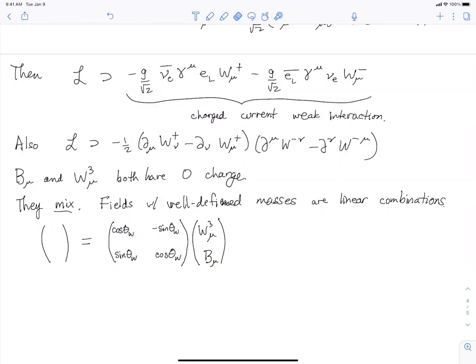And the result we're going to call Z mu and A mu. Okay, so theta W, which we haven't really said what it is, it's just a name. This is the weak mixing angle, otherwise known as the Weinberg angle. They happen to have the same letter. Okay, and it's an angle in field space, not in real space.